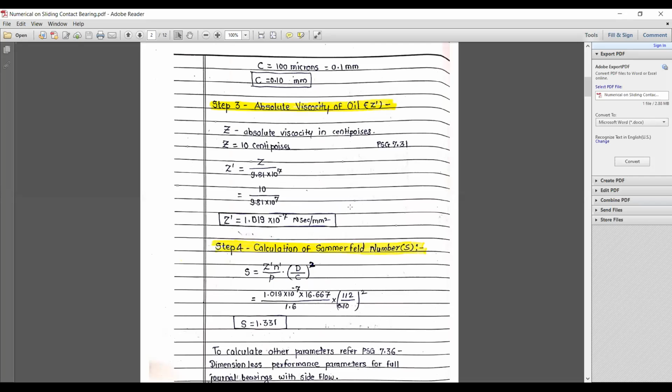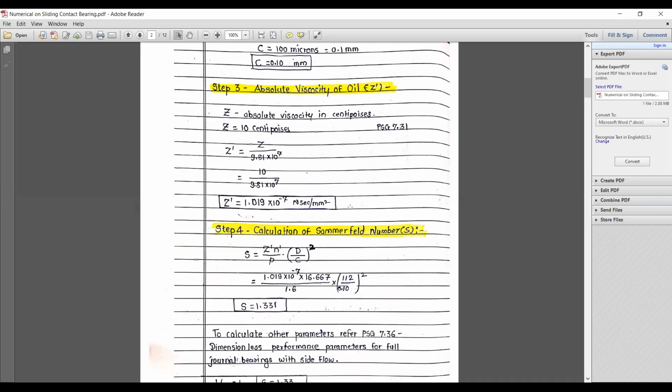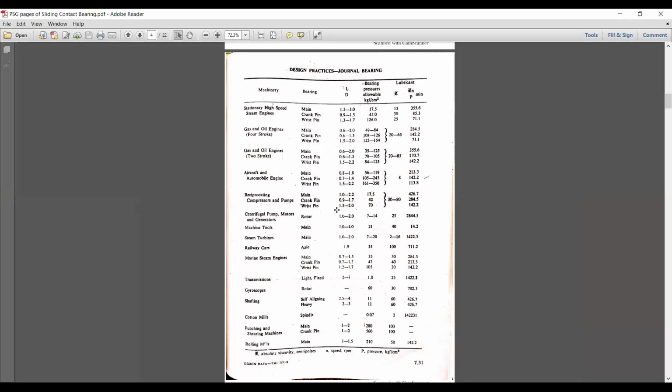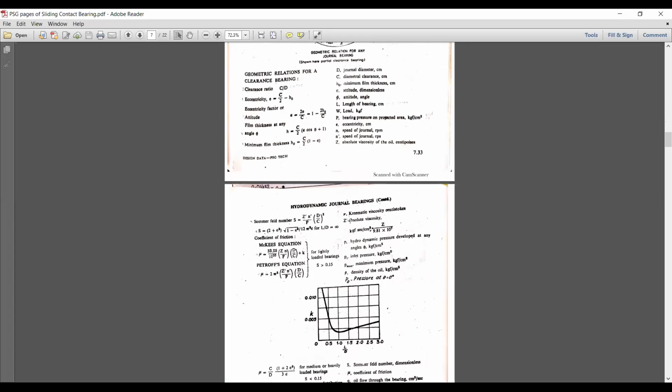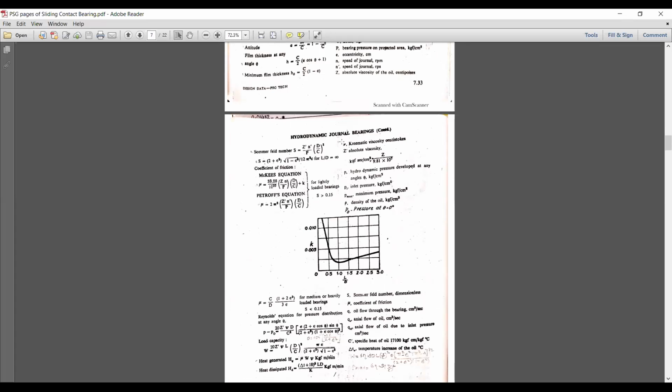Using the equation given in PSG to calculate the absolute viscosity, from page 7.31 we have calculated the value of absolute viscosity. Now we need to calculate the actual value of absolute viscosity in proper dimensions.